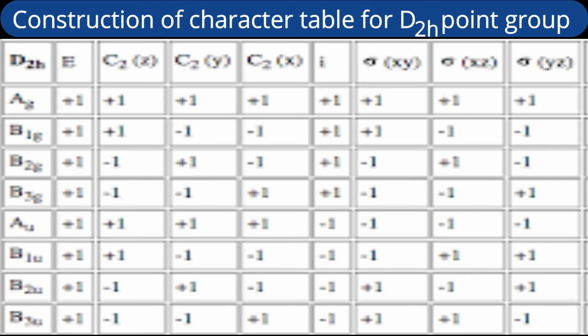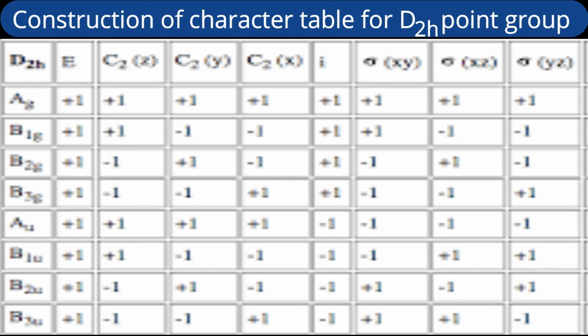Since with center of inversion it is antisymmetric, the term is u. Similarly, for the last two terms, since they are antisymmetric with the second plane and the third plane respectively, the symbols are B2u and B3u. From here, the concept might be clear to you. The Mulliken's notation's main point is deciding dimension and deciding the term A or B or E or T. For distinguishing purposes only, we are using 1, 2, 3 or g, u, prime, double prime.